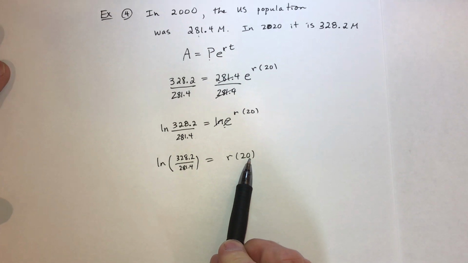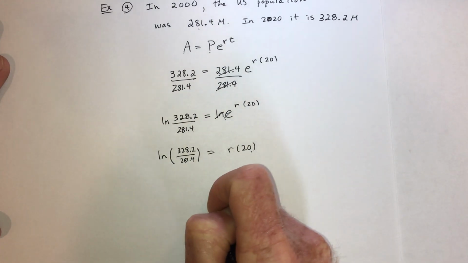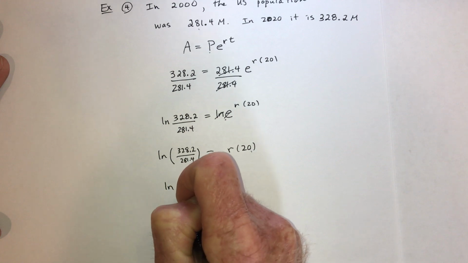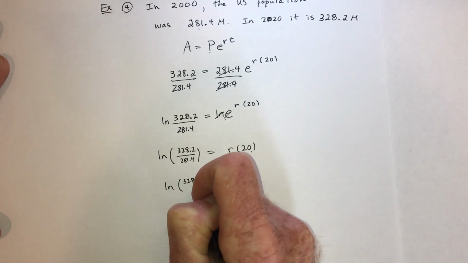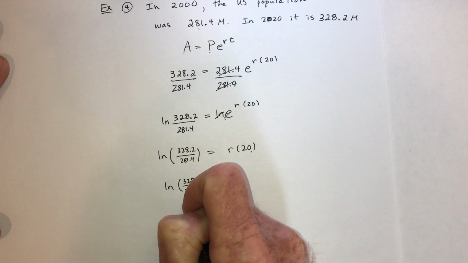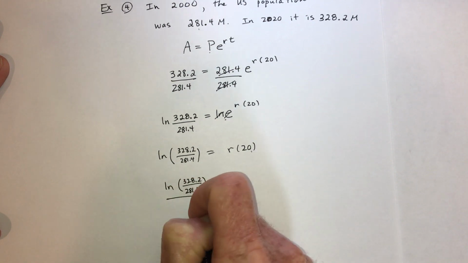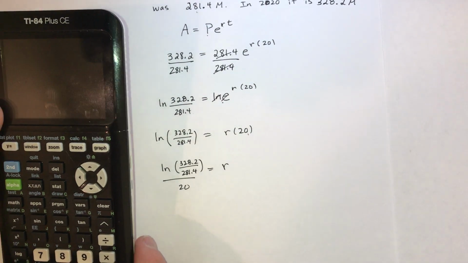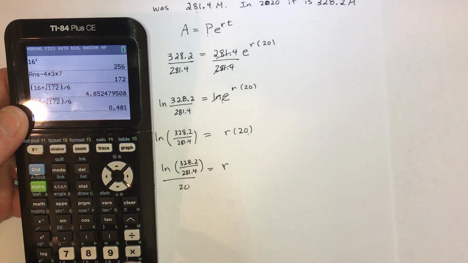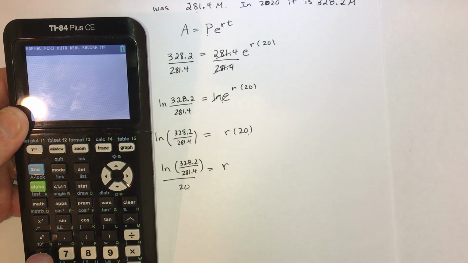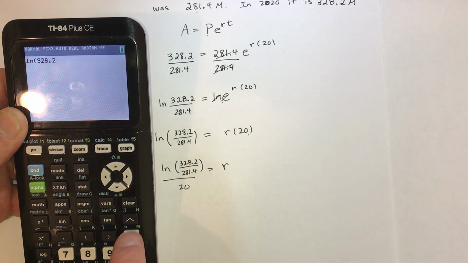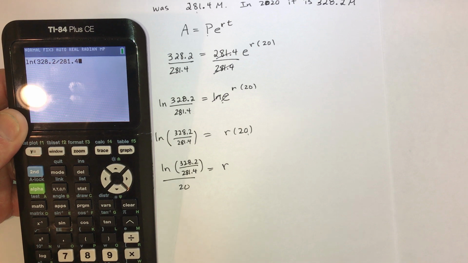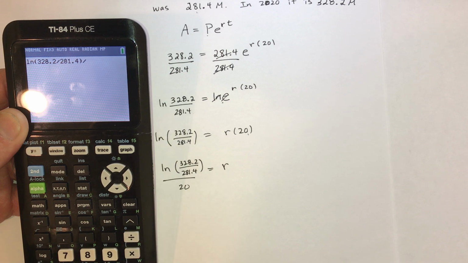And last, divide both sides by this 20 right here. I wish I could just cut and paste on this paper, but it's not smart enough. Or maybe I'm not smart enough. Well, anyway, I can just type this in a calculator now. All right, so it's natural log, so ln, of 328.2 gets divided by 281.4, close the parentheses, so all that's inside the natural log, and then divide by 20.